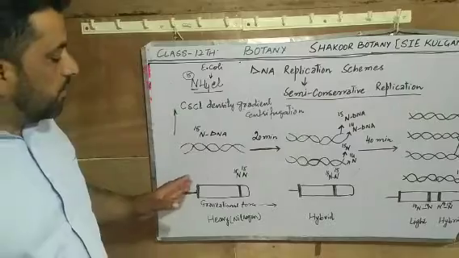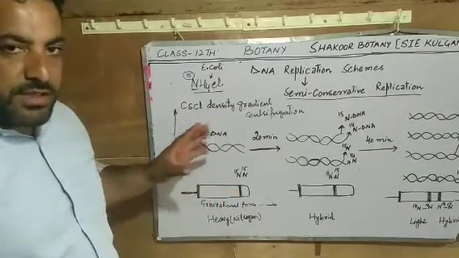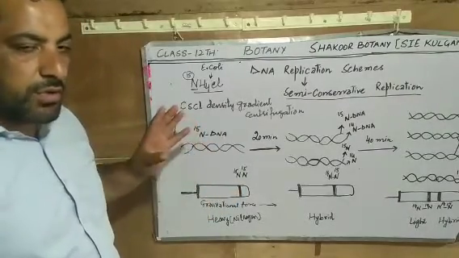What is it? We have a centrifugal tube. In this centrifugal tube, we insert cesium chloride solution.